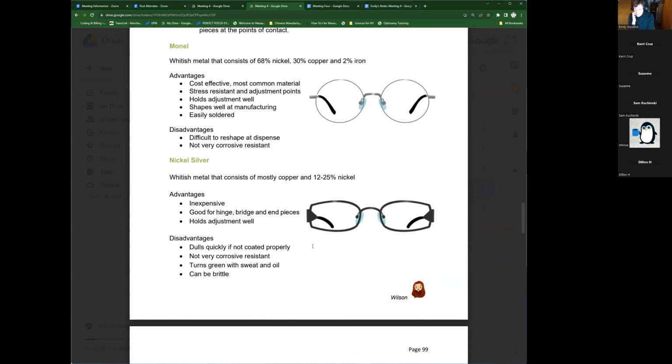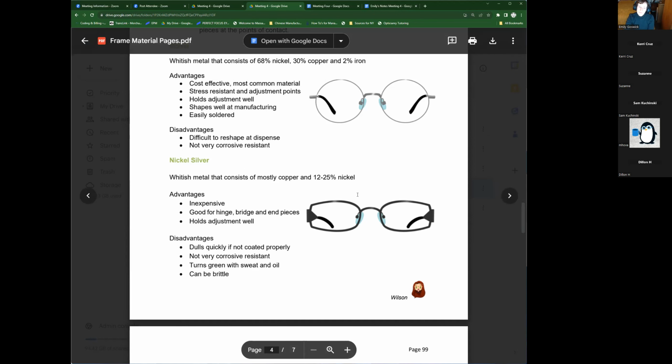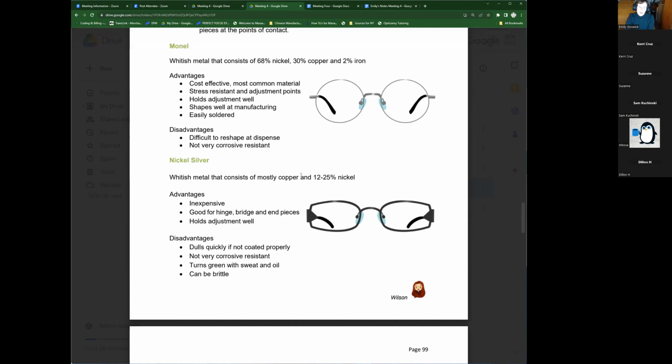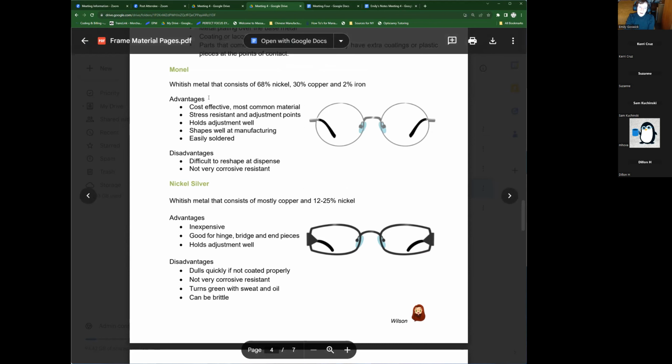You'll see them get red spots anywhere the frame touches, because even stainless steel has a little bit of nickel in it. Sometimes you'll see metal frames that are green. That's the nickel reacting. So it's sometimes not the most ideal material for frames as well.